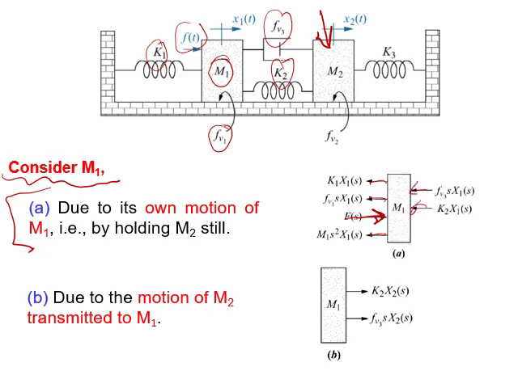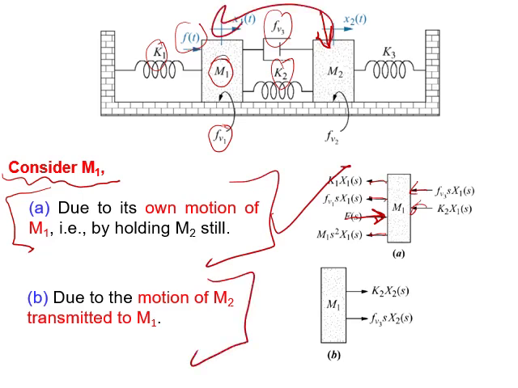I hope now things are clearer. So now if I go to the other part, it's due to the motion of M2. That means when I want to evaluate the effect on M1, this is one part which is done. The other part is coming from M2.